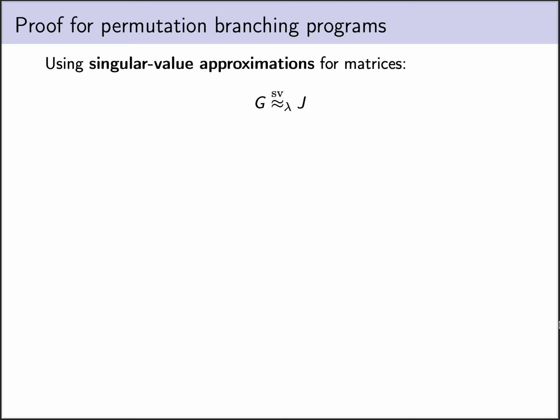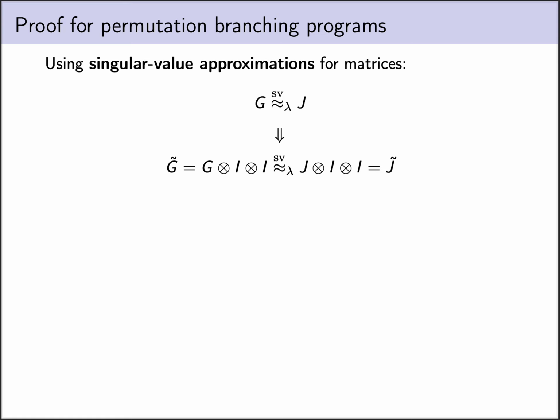I won't define formally a singular value approximation, but instead just state all the important properties. So first, the basic property is that an expander graph G, a lambda spectral expander G, is a lambda singular value approximation for the complete graph with self-loops J. Here I'm, again, interchanging random walk matrices with graphs. And I guess this is just a basic property.